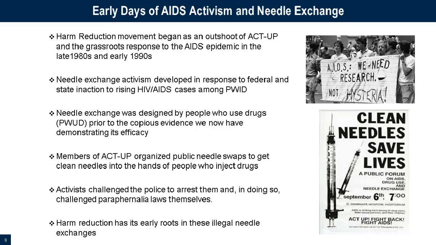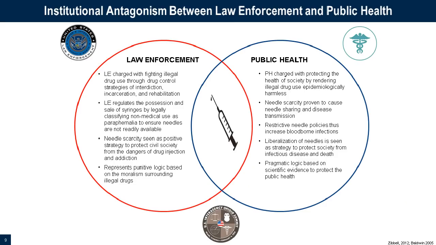In response, AIDS activists demanded that paraphernalia laws be changed given the new evidence of vectors of transmission, as a way to get sterile syringes into the hands of persons who injected drugs in order to reduce syringe sharing associated with needle scarcity. But these initial efforts were unsuccessful.